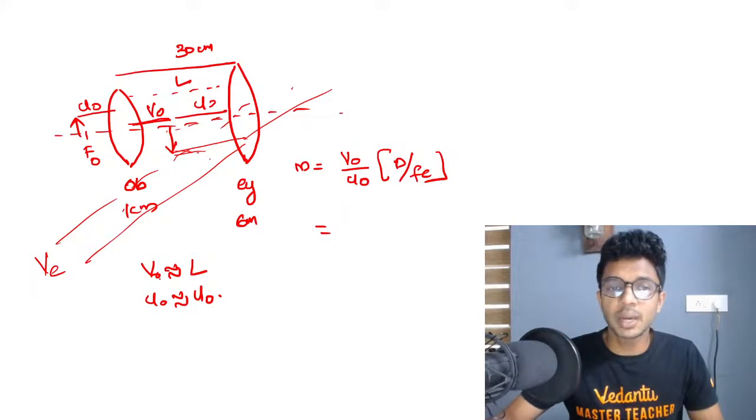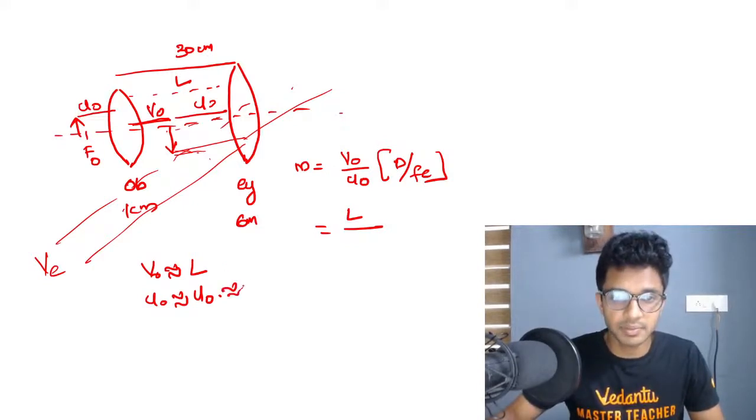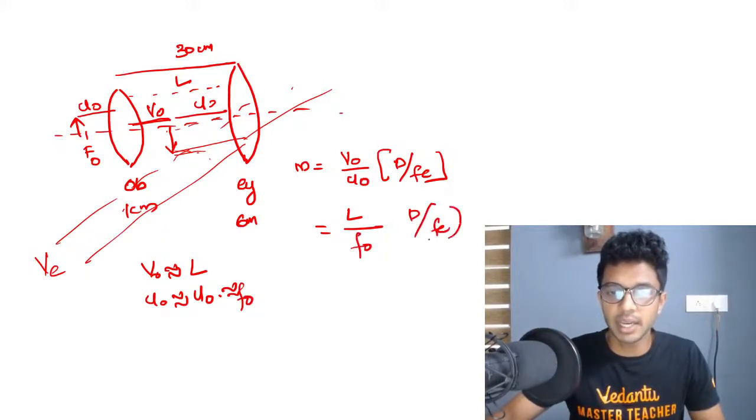So substituting the approximations, V naught is substituted with L, and U naught is approximated with the focal length of the objective: L divided by F objective, into D divided by FE.